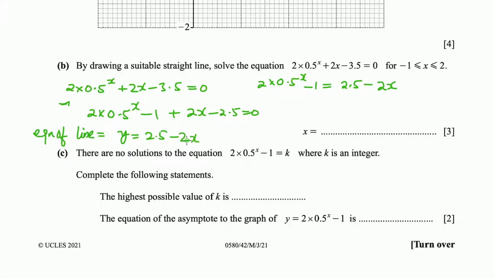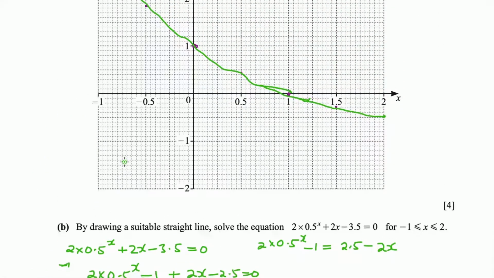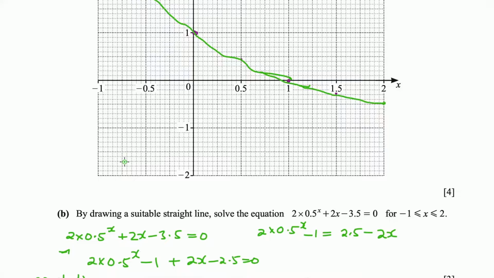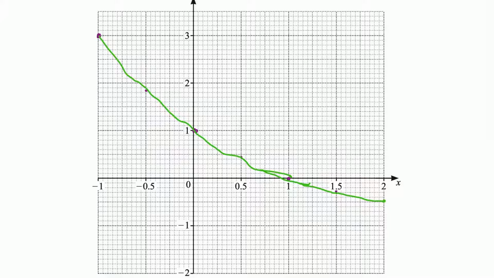So if I put x is equal to 0, y will be 2.5, and if I put x is equal to 1, y will be 0.5. So let us put those two values first and then let us draw it. So 2.5, x is equal to 0, it would be 2.5.